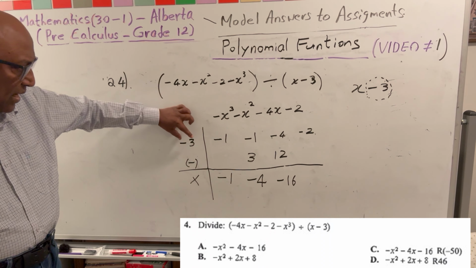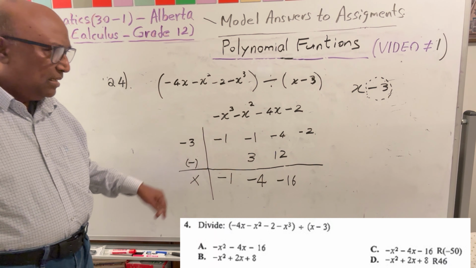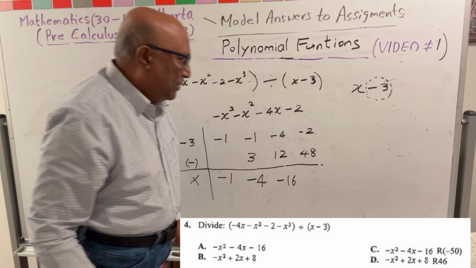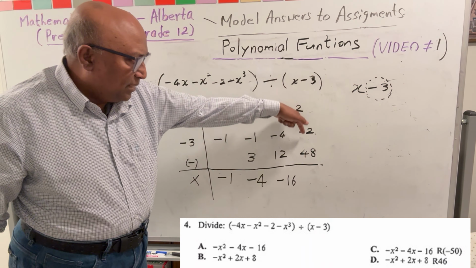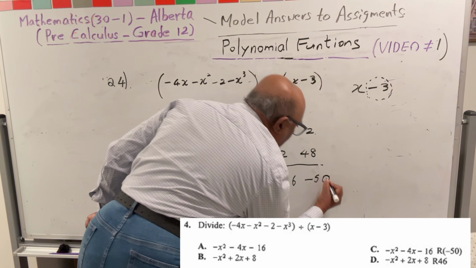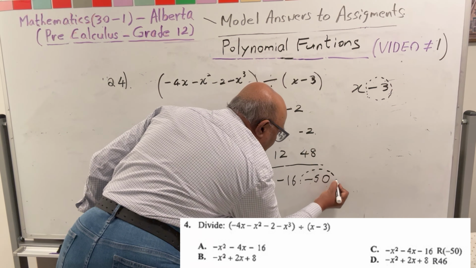Repeat this process. Minus 3 times minus 16. 3 times 16, 48. That is positive 48. Now subtract in this direction. Minus 2 minus 48, minus 50. Okay, we are done. That means this is the remainder.